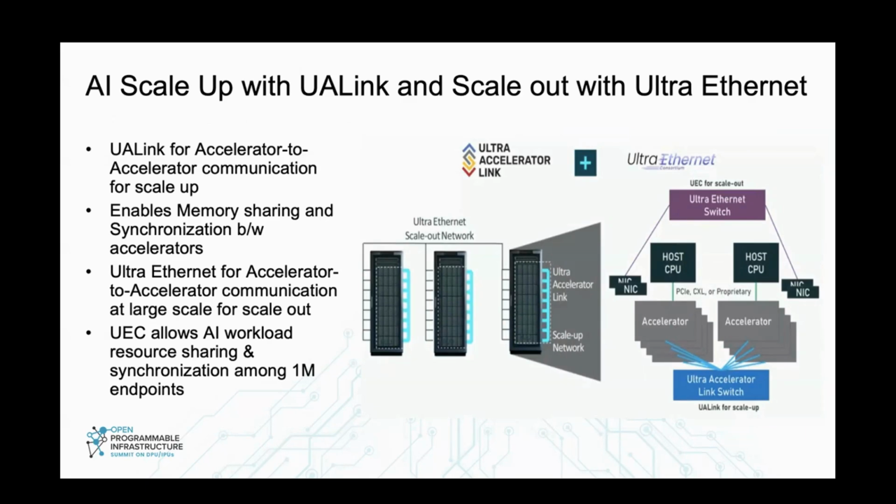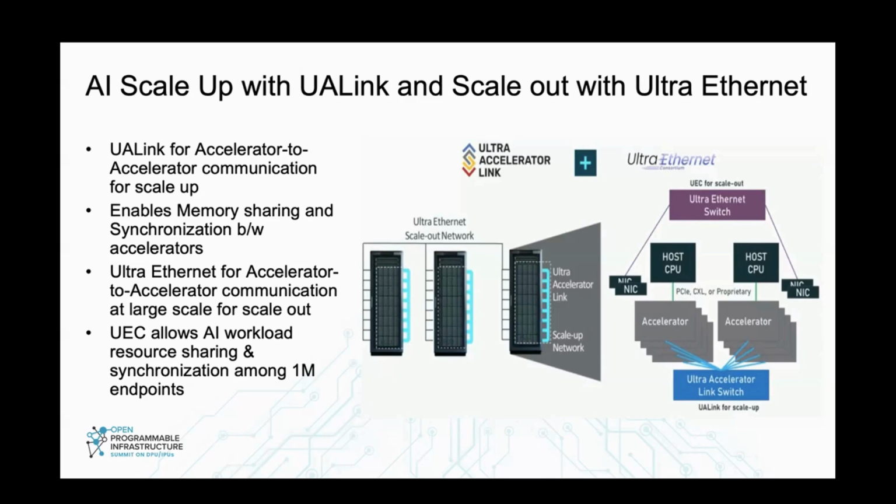These are the protocols that will enable us to share the models and synchronize between different GPUs so that multiple GPUs can act as a single giant GPU that can perform the entire task. Ultra Accelerator Link enables scale up, which is vertical scaling, and Ultra Ethernet enables scale out, which is horizontal scaling.